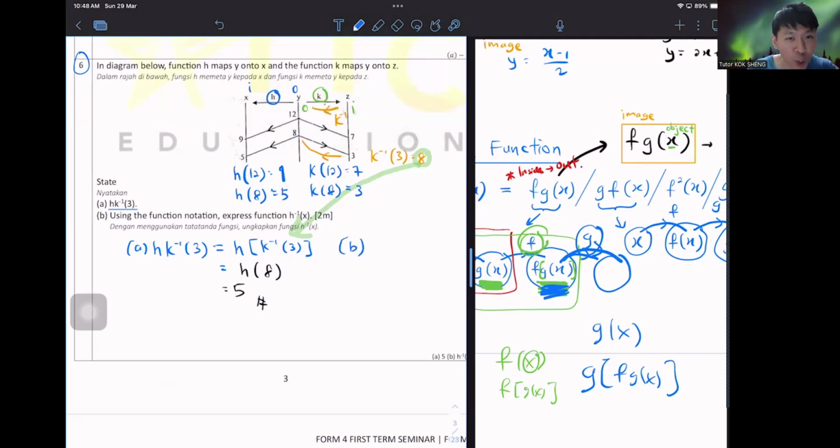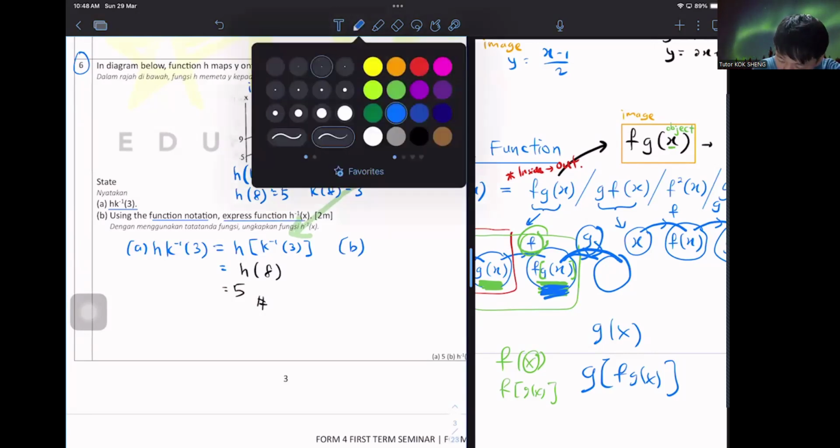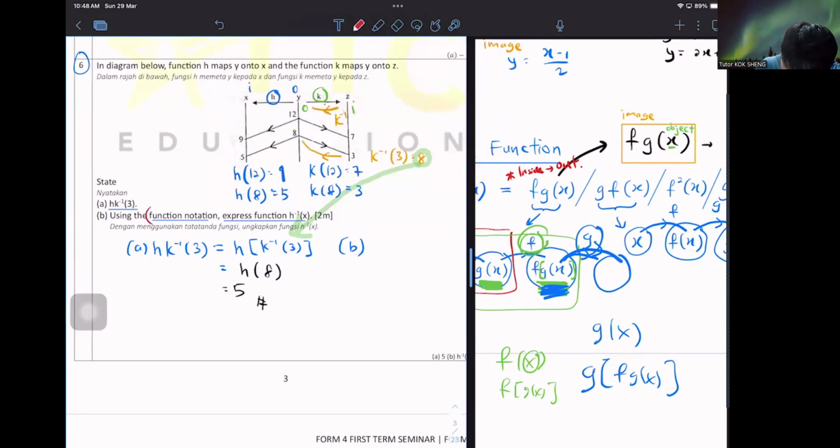Okay, one more to go. B, using the function notation, express function h inverse of x. So what does this mean? Function notation, make it simple. This one just means you have to write an equation. What equation?